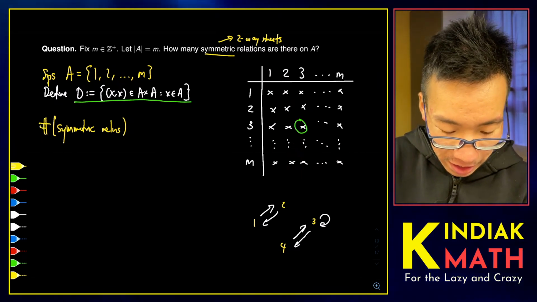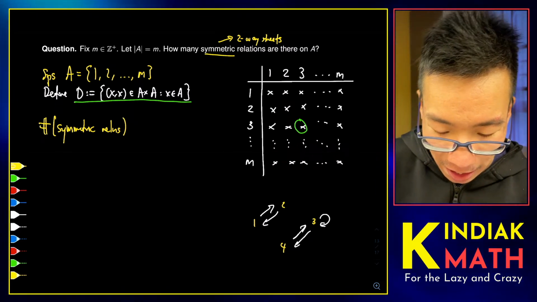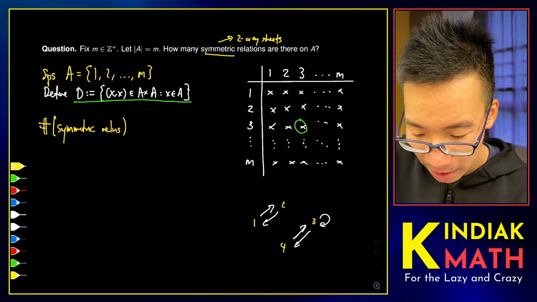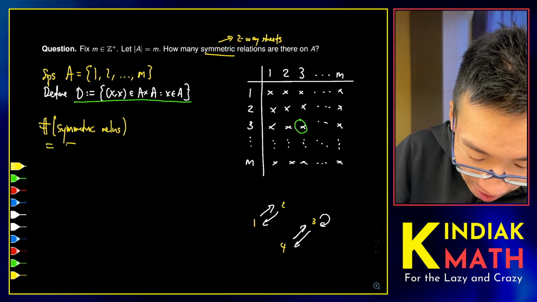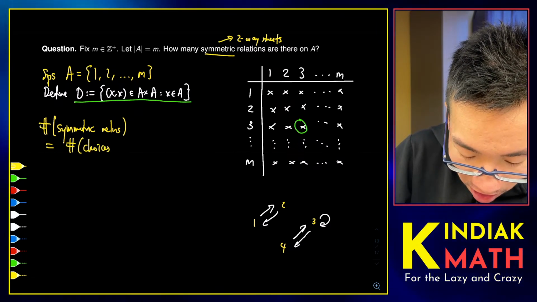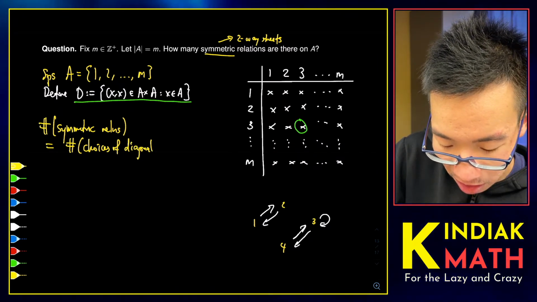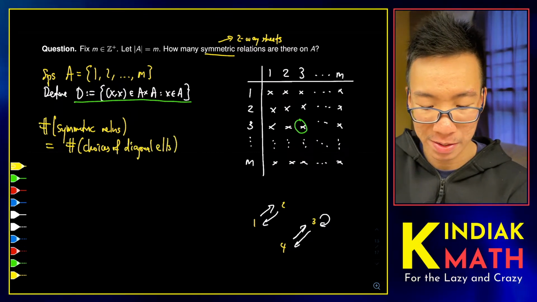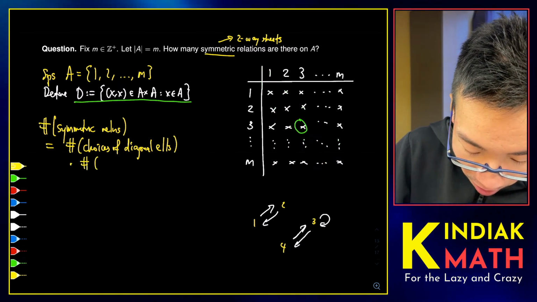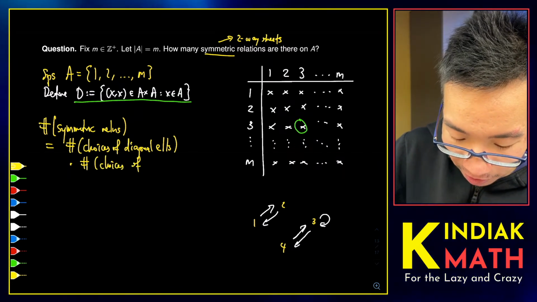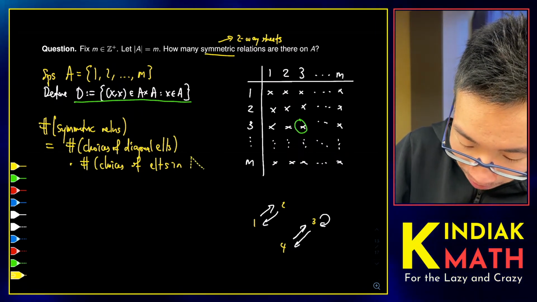So the number of symmetric relations equals, well, how do we think about it? Okay, we'll do it this way. The number of choices of diagonal elements times the number of choices of elements in the lower triangle.